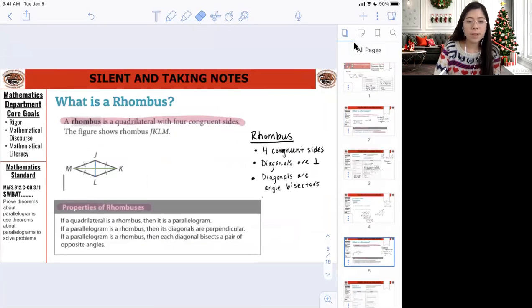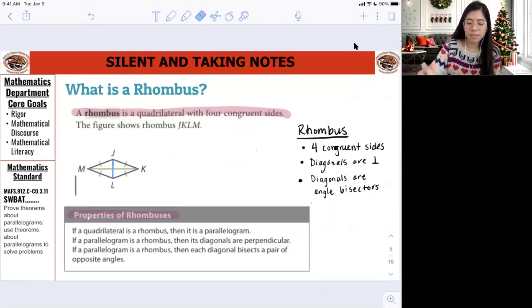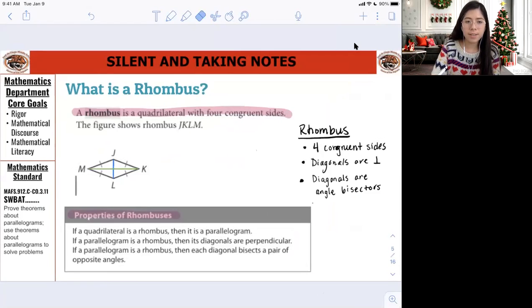Remember, a rhombus has four congruent sides, so all four sides have to be congruent. And the diagonals have to be perpendicular to one another, which is not the case for a rectangle. Okay, so be very careful. They don't overlap. A rhombus is not a rectangle is not a rhombus.